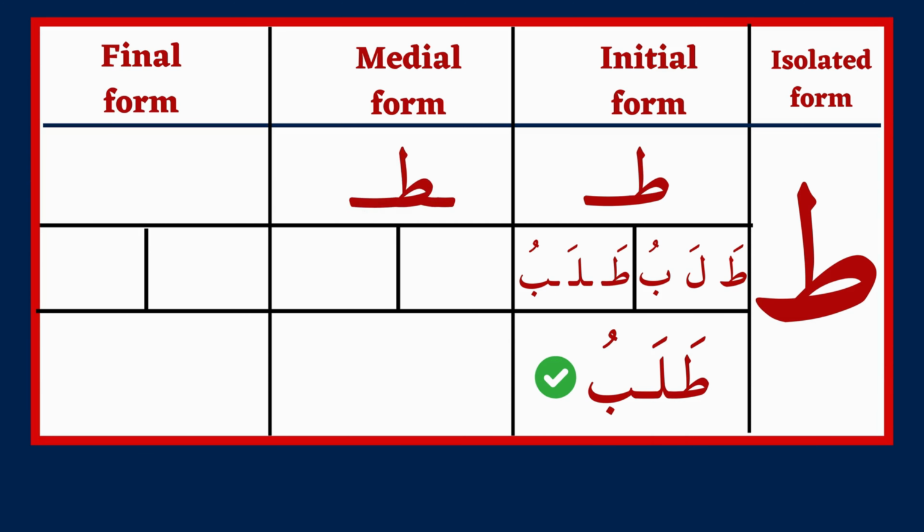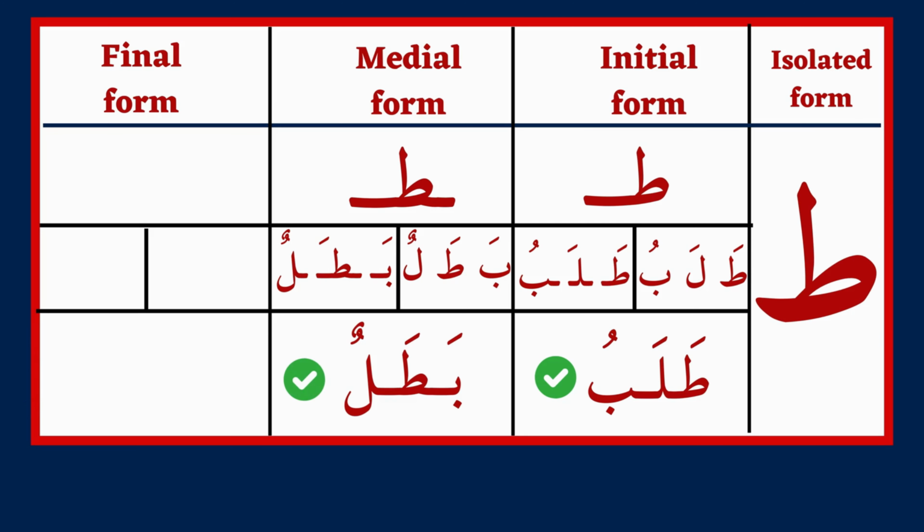When we want to place ta in the medial form of a word, we write it this way, leaving it open to accept the next letter too. This is the complete word involving the letter ta. When ta is closing a word, that is when it's in final form, see how we write it.